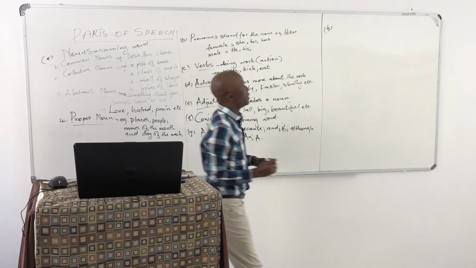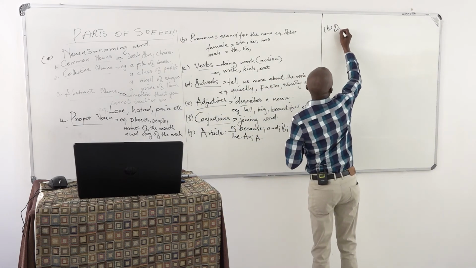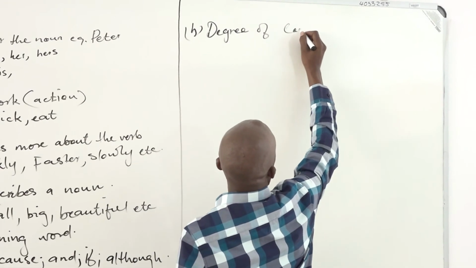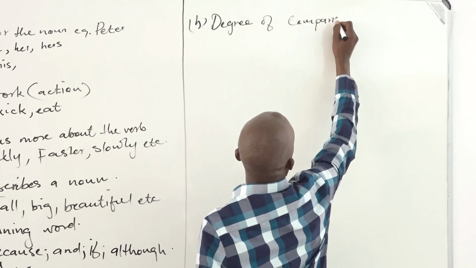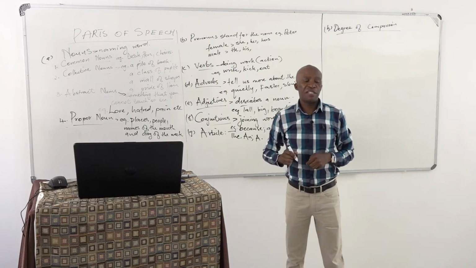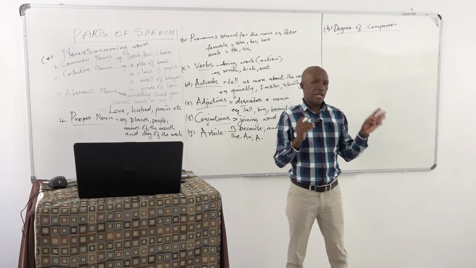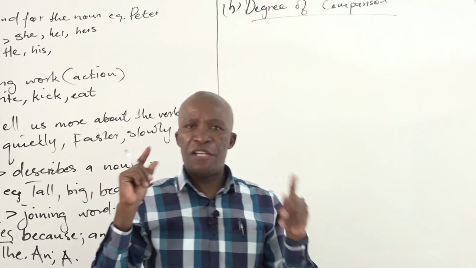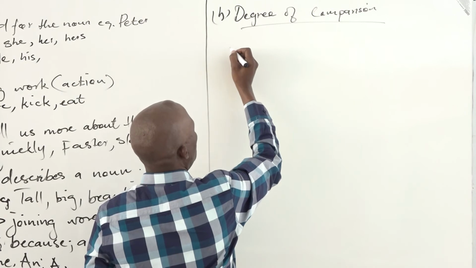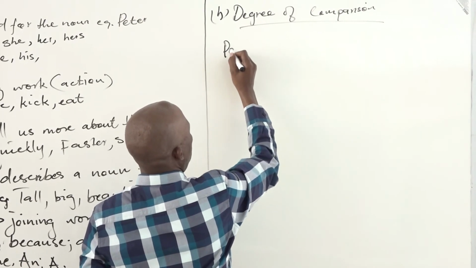Degree of comparison. Here on degree of comparisons, we are going to compare objects together. The first part of comparison is called the positive.